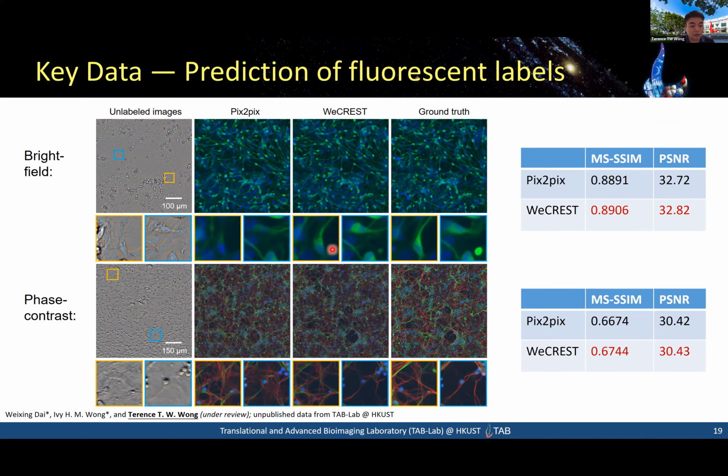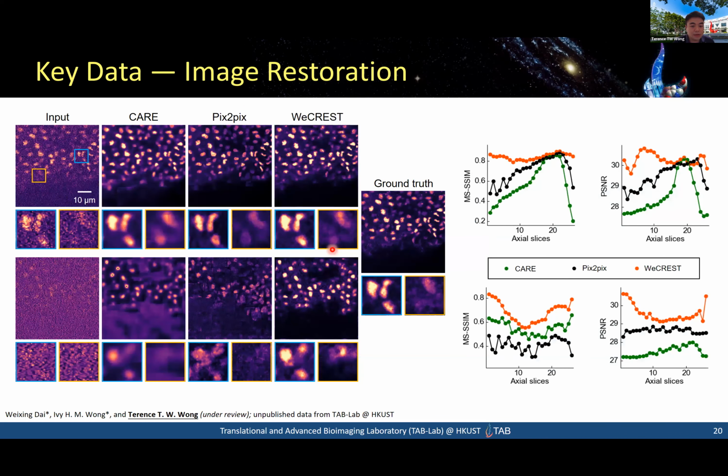This is very encouraging. We also tried different types of datasets, but in the interest of time, I'll skip. The take-home message is that it's really powerful. It even provides better performance than supervised learning with different types of GAN models.